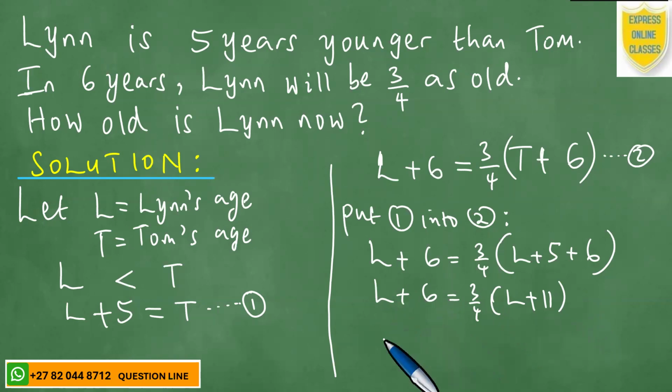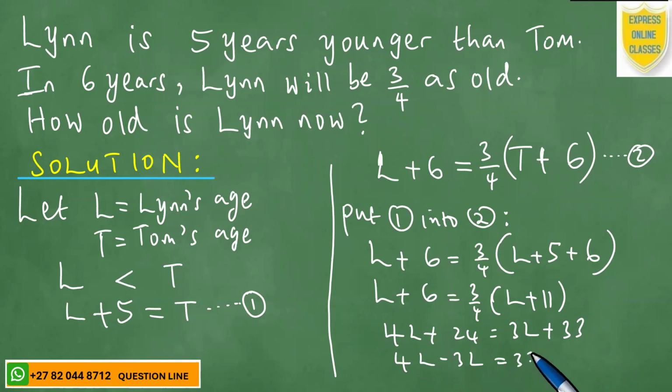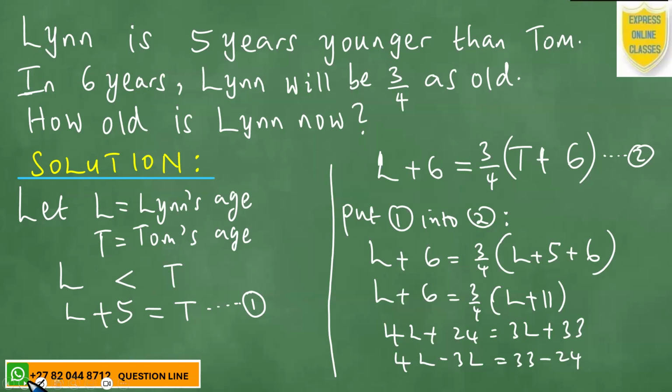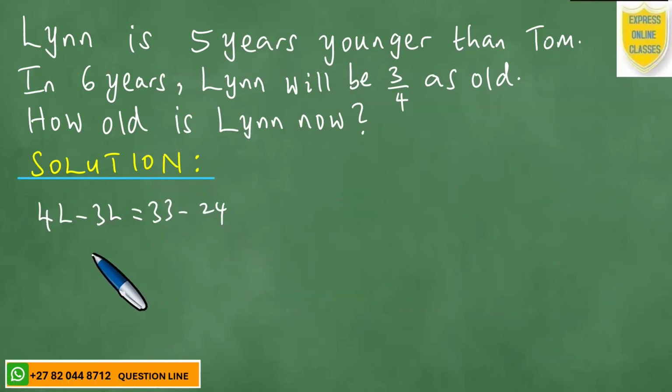You cross multiply: 4 times L plus 6 is 4L plus 24, and 3 times L plus 11 is 3L plus 33. This gives us 4L minus 3L equals 33 minus 24. 4L minus 3L gives us L, which is exactly equal to 9.